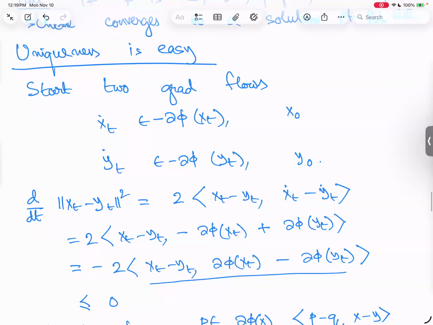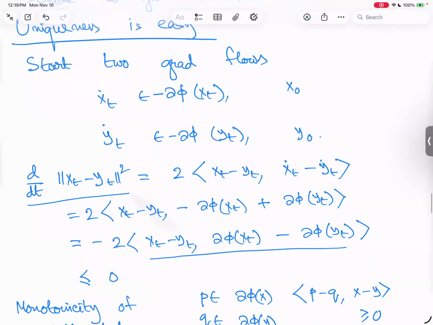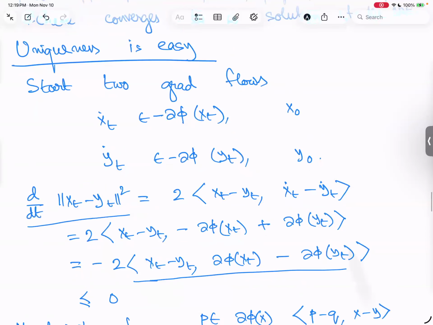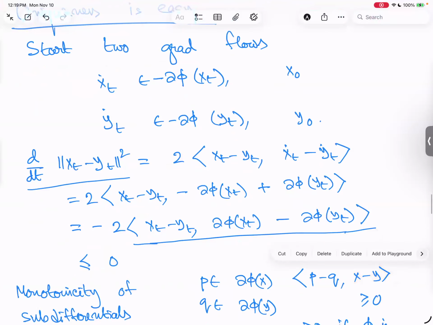At what rate is d/dt of the norm square of x_t minus y_t actually converging? If the function phi is lambda convex, then I actually have control over this inner product, because this inner product will be lambda times the norm square of x_t minus y_t.